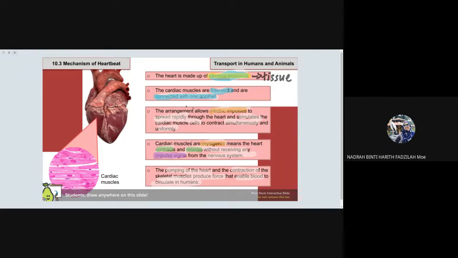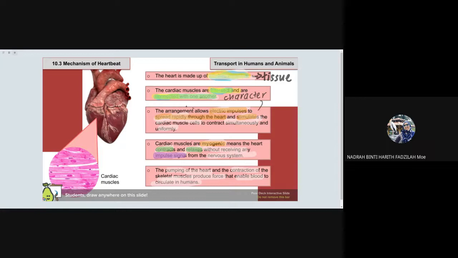Dia bukan susun sebaris-sebaris elok macam tu tak, tapi susunan dia bertindih dan intersect with one another. Itu karakteristik. So function untuk susunan yang macam tu, what is the benefit of having that kind of arrangement? It enables electrical impulse to spread rapidly through the heart.